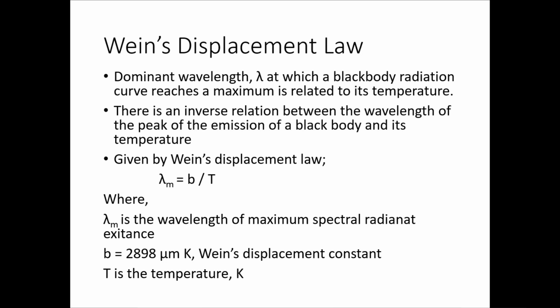So lambda m is equal to B by T. That is Wien's displacement law, which defines your dominant wavelength. It is the wavelength at which a black body radiation curve reaches a maximum, related to its temperature.